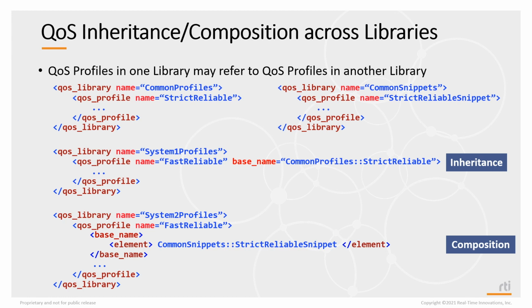So then the value of the element will have library:snippet name. So I'll use Common Snippets:Strict Reliable Snippet to use the snippet that's defined in the Common Snippets library in composition to compose my new QoS profile.